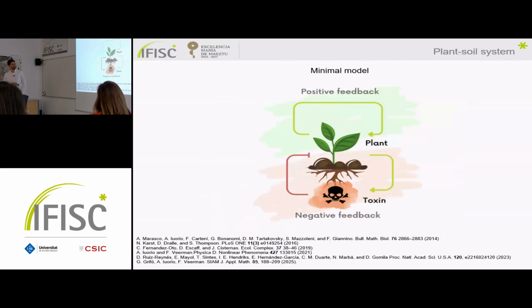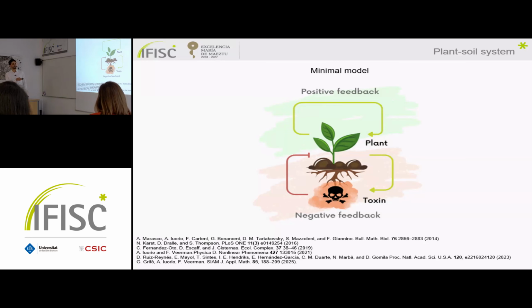So this is a diagram of the model I'm going to study here. We have the plant, and we put positive feedback on it. So the presence of plants somehow favors the creation of new plants or the survival of the surrounding plants.